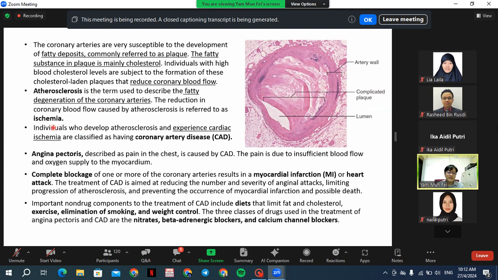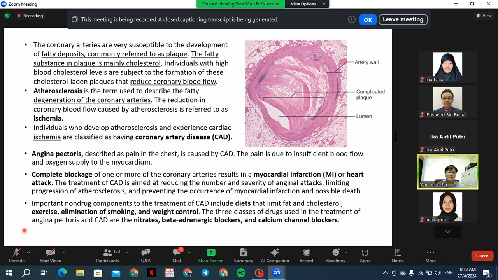When an individual develops atherosclerosis and experiences cardiac ischemia, we call it coronary artery disease. It means you have had heart attacks and cardiac ischemia many times, and we call it coronary artery disease, CAD.